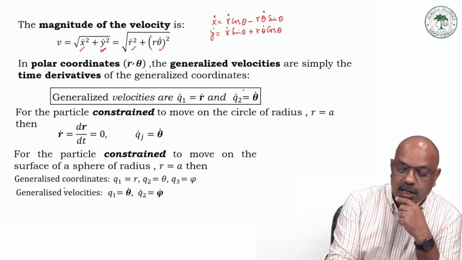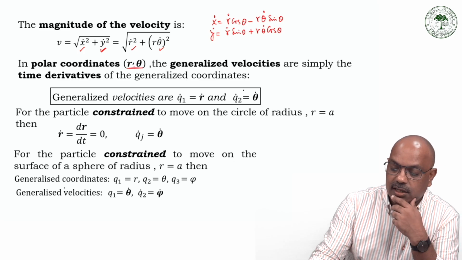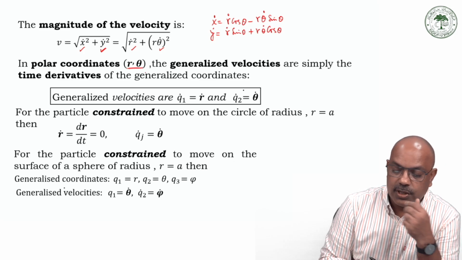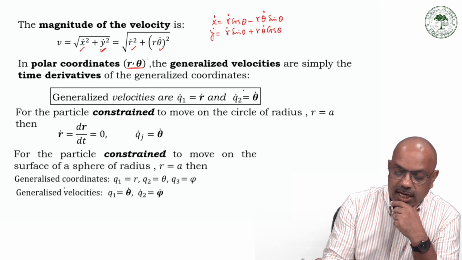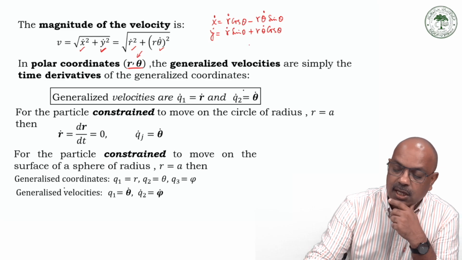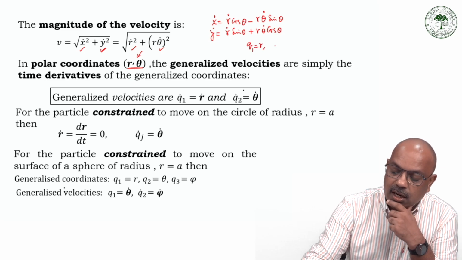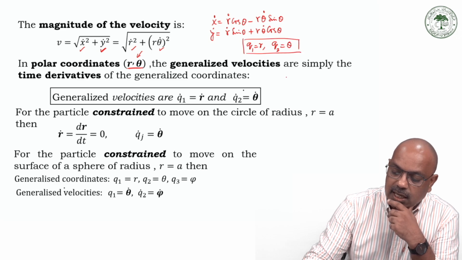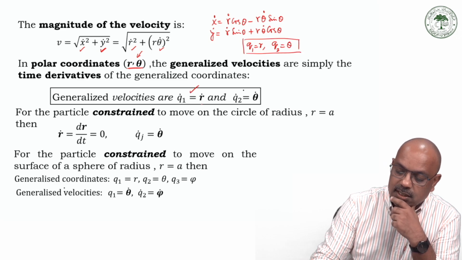So in polar coordinates we have r and θ as the generalized coordinates. In polar coordinates my q1 is r and q2 is θ. These are my generalized coordinates, and q̇1 is my ṙ and q̇2 is my θ̇.